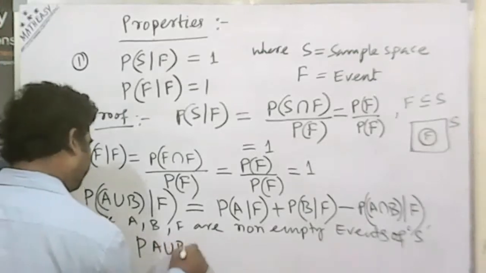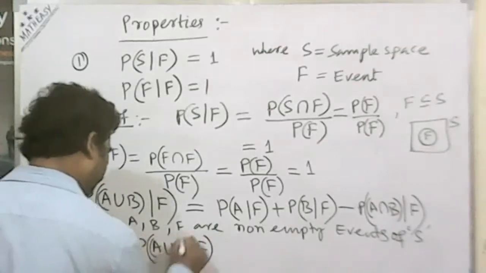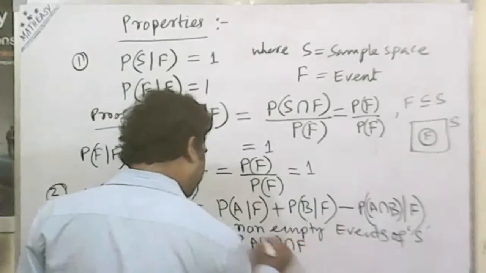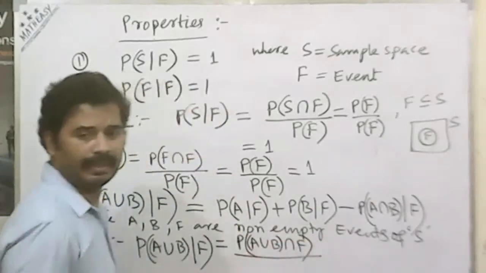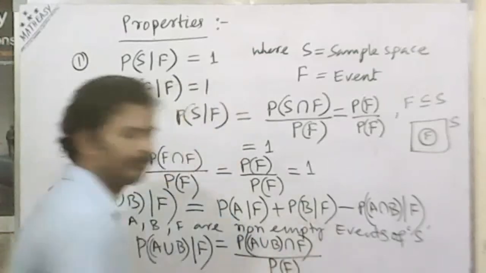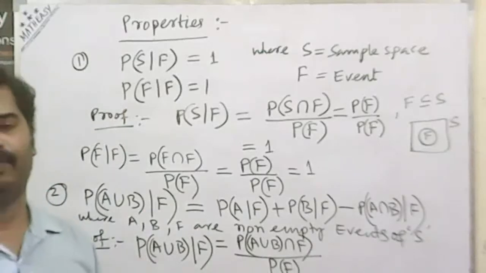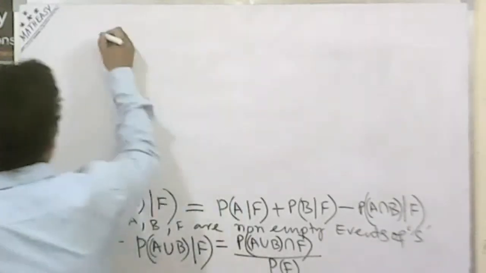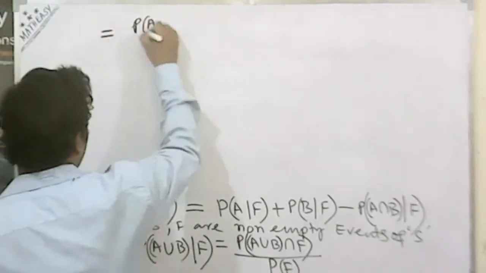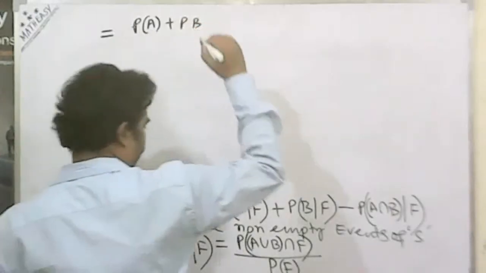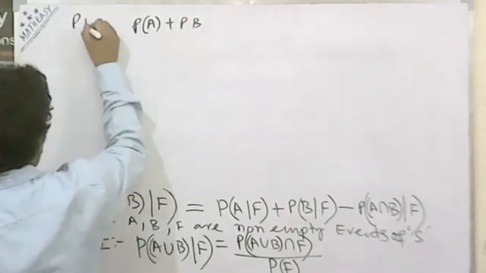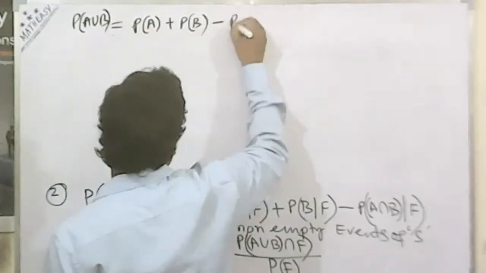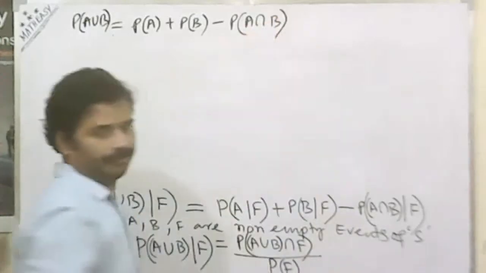Probability of A union B, conditioned on F, is equal to probability of A union B intersection F divided by probability of F. So by the distributive property, probability of A union B is equal to probability of A plus probability of B minus probability of A intersection B, you know.